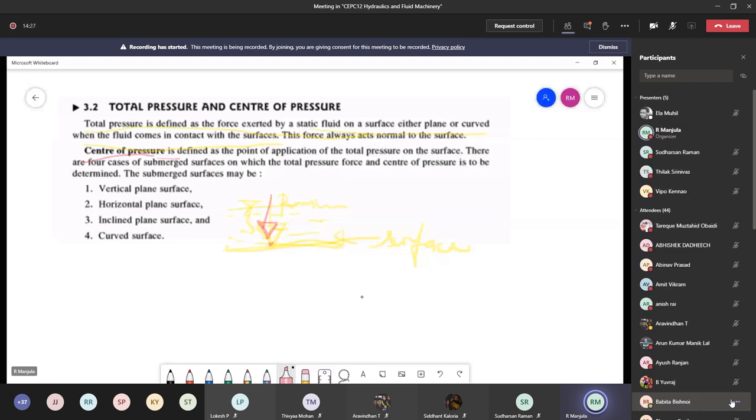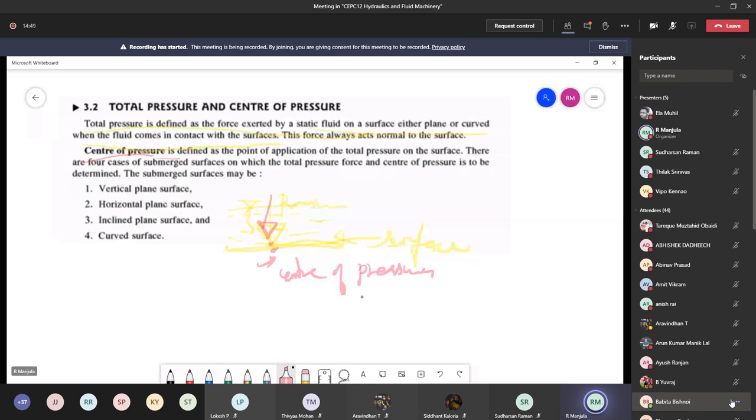This point is called your center of pressure. So this total pressure is going to act at one particular point at which you are having the entire total pressure which is acting on the surface, and that is nothing but your center of pressure. And how are we going to determine the center of pressure?